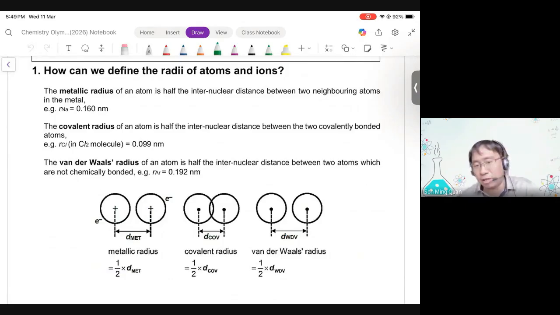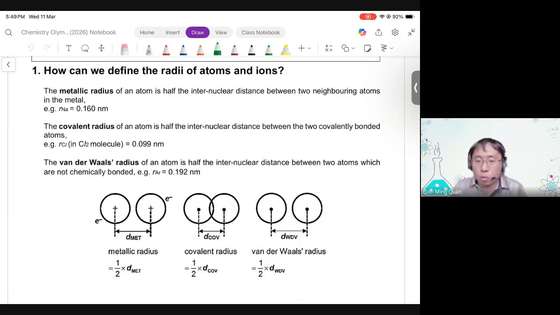Now, set A is a good introduction to the concept of radius. What on earth does it mean, radius? Just now I said the radii of atoms and ions can easily be found online. But how on earth do we even define the radius?